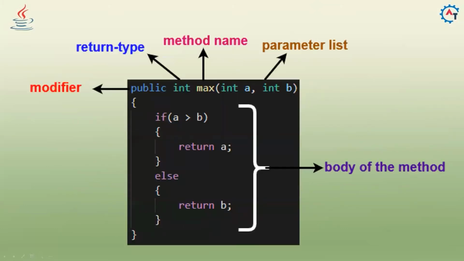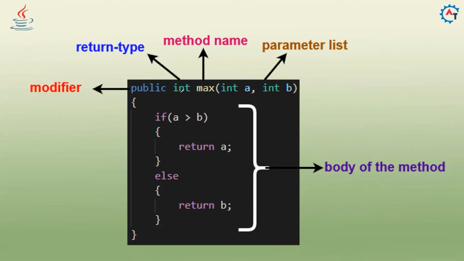If you see this one, you see public, this is a simple method. Okay, public int max. We have written public static void main, right? It is very similar. Here we do not have static, but you can put static also. The purpose is different.